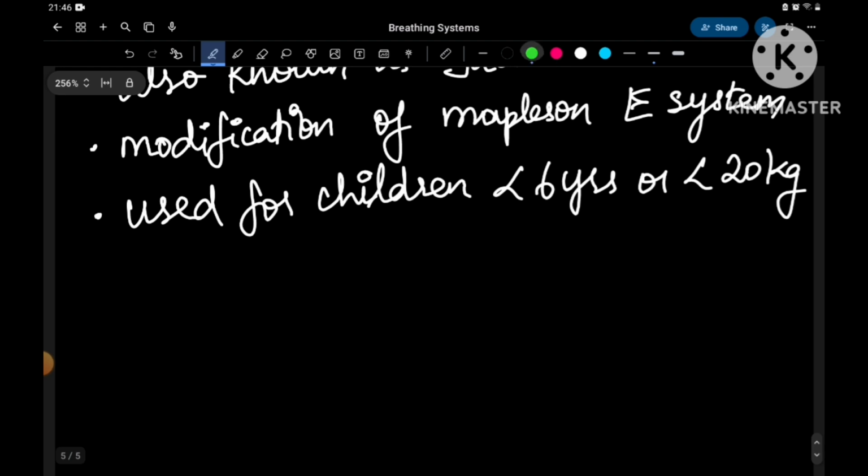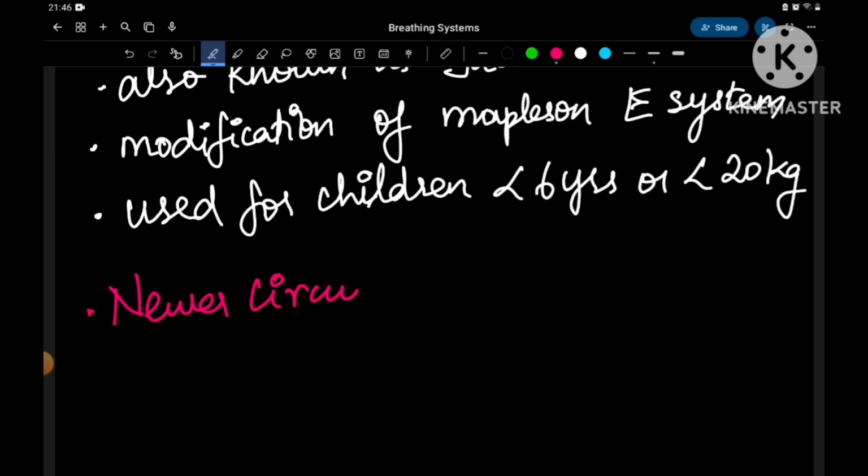And there are new circuits in the market. What are these new circuits? Let's discuss that. Just like MAPLESON, there are newer circuits. What are they? Anything you remember? Yes, it is Humphrey ADE.